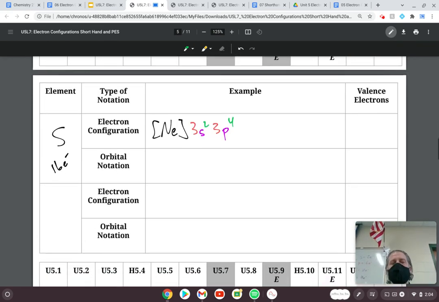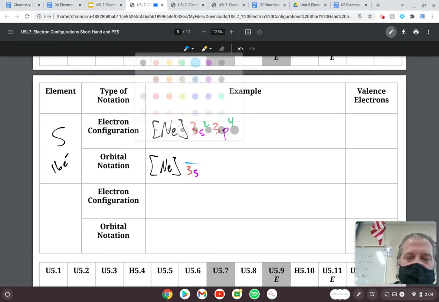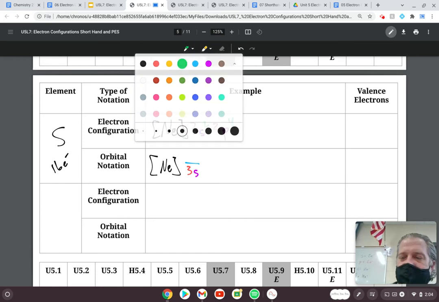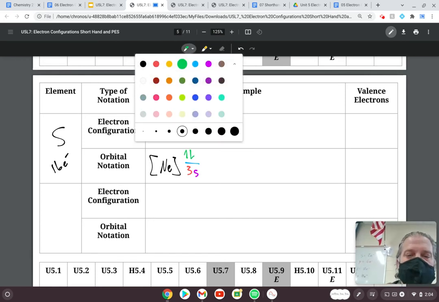And if I'm going to write the orbital notation, I'm still going to write neon. I'm going to write 3s, and because the s has 2 electrons, it's going to go arrow up, arrow down. I'm going to write the 3 different orientations of p.